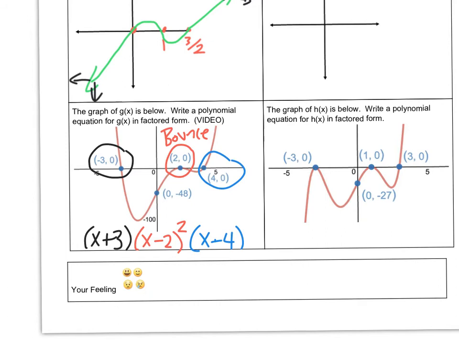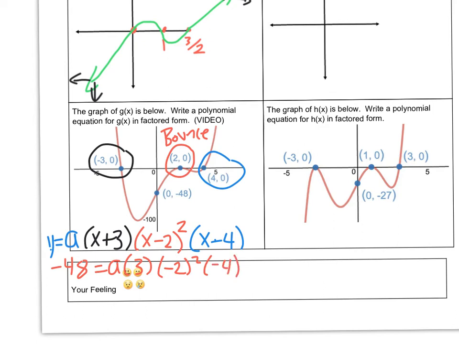The last thing we need to do is decide if there is a number out front. I like calling that a. And to do that, we're going to plug in the y-intercept, which is negative 48. So negative 48 is going to be equal to a times 0 plus 3, which is 3, times negative 2 squared, times negative 4.